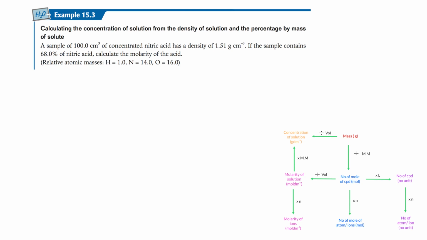Next, calculating concentration of solutions. This one is a very important example. Among all the examples here, this one is very important. We have 100 cm cube of concentrated nitric acid, which has a density of 1.51 gram per cm cube. Here we are giving you a density.